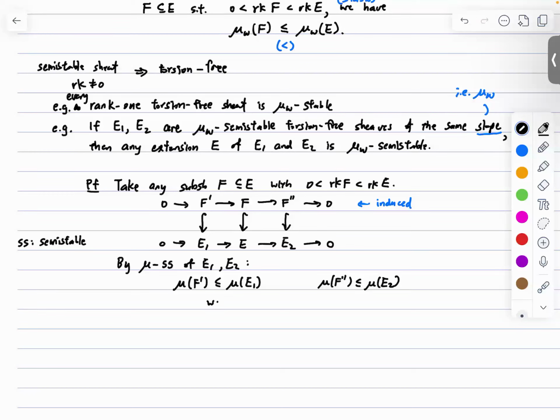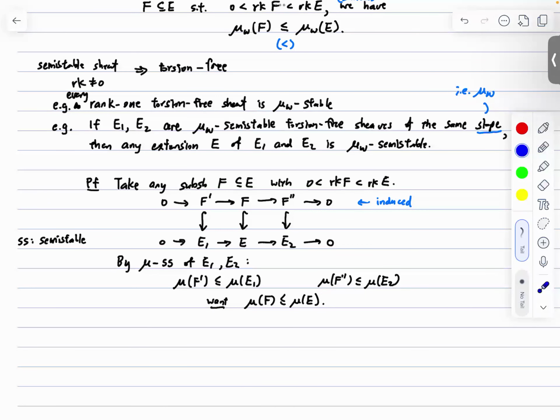And what we want is for the slope of F to be less than or equal to the slope of E. You can try to prove this algebraically by writing out the definitions of all these mu's and manipulating the terms.